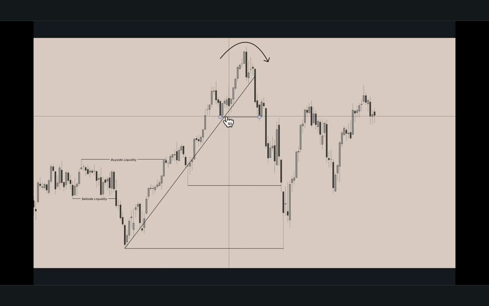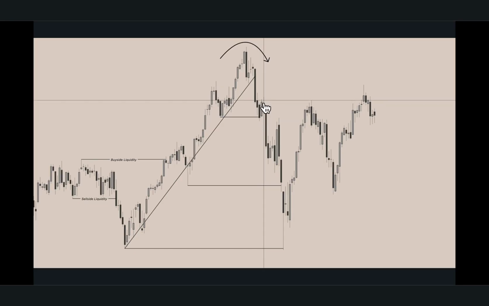And so once you grab that liquidity pool, you expect a small retracement or consolidation. Why though? Well, if everyone is selling, for example, let's say the algorithm is selling off a lot of orders to push price lower, then once we get into a liquidity pool, it's buying back orders, right? And because it's buying back orders, it's going to push price higher.